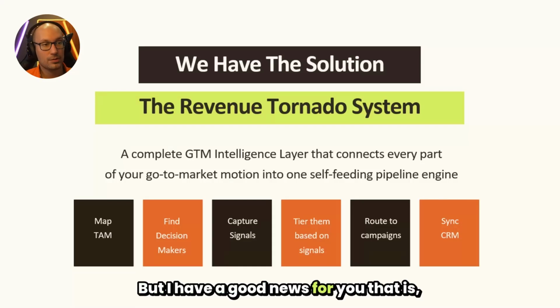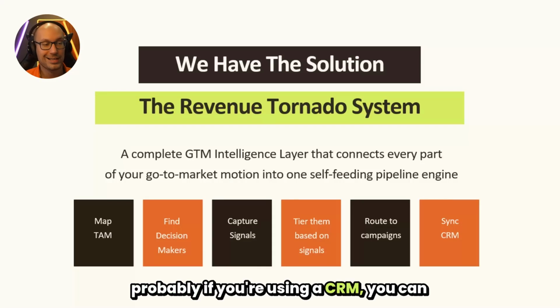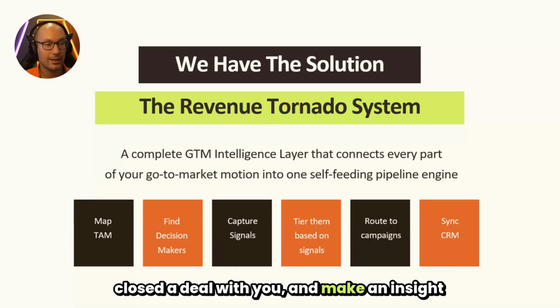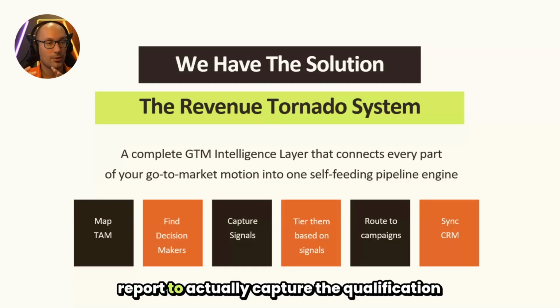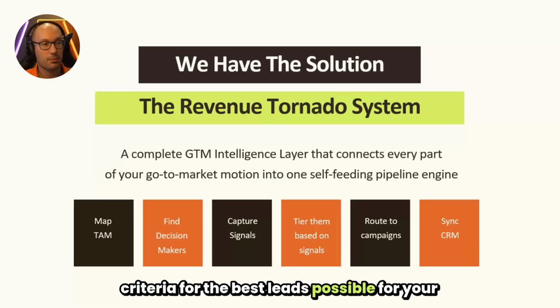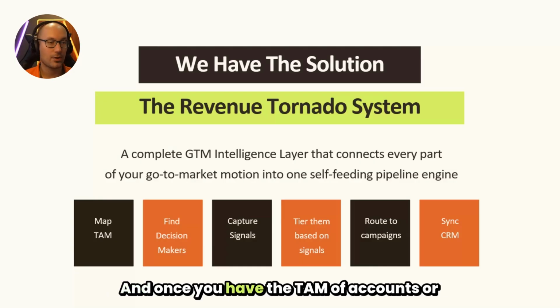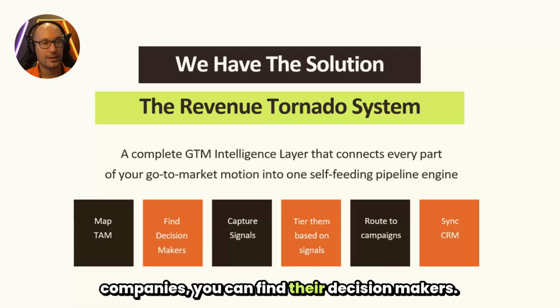But I have good news for you: if you're using a CRM, you can extract all the leads that have booked a meeting with you, all the leads that have closed a deal with you, and make an insight report to capture the qualification criteria for the best possible leads for your system. Based on that, you can map the TAM. And once you have the TAM of accounts or companies, you can find their decision makers.